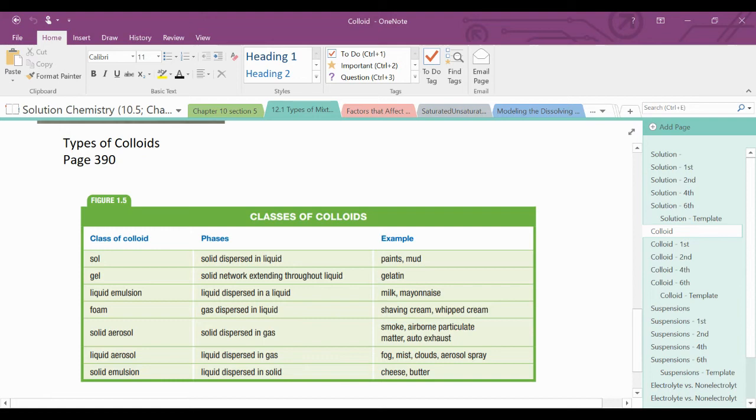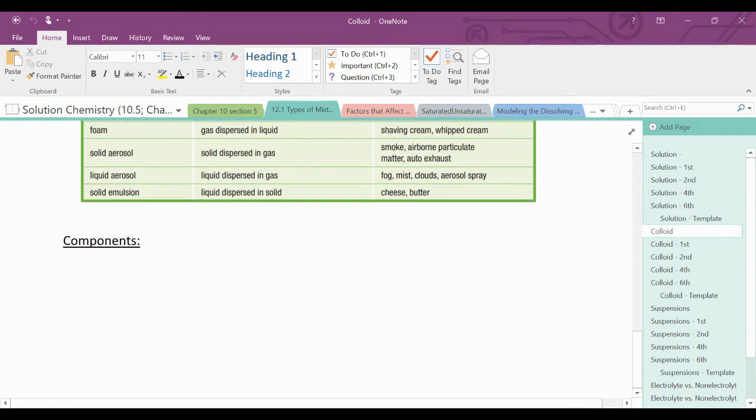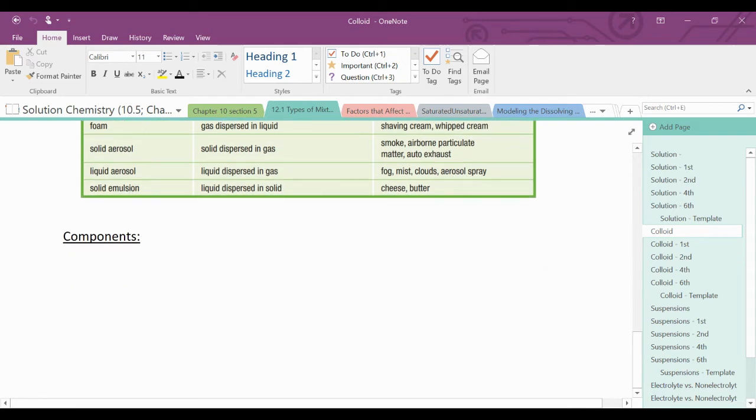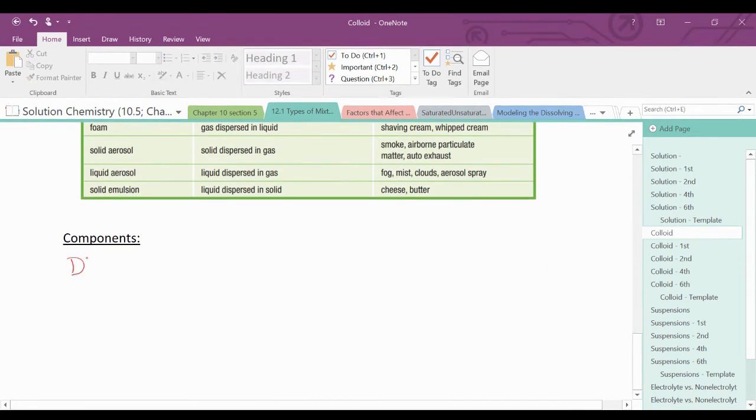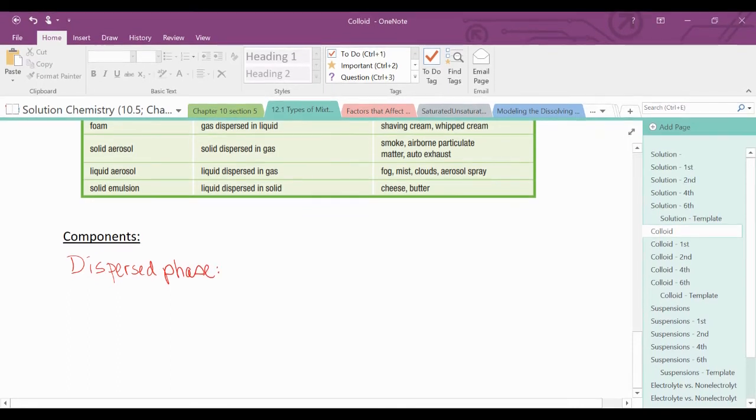Okay, so with solutions, we have the words solvent and solute. With colloids, we have the words dispersed phase, so these are the actual colloidal particles.